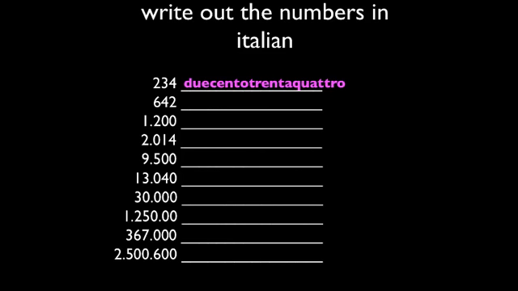First one is 234. 642 is 642. Alright, now you can pause, take a moment, figure out the rest. And when you're done, unpause the video and I'll give you the answers.